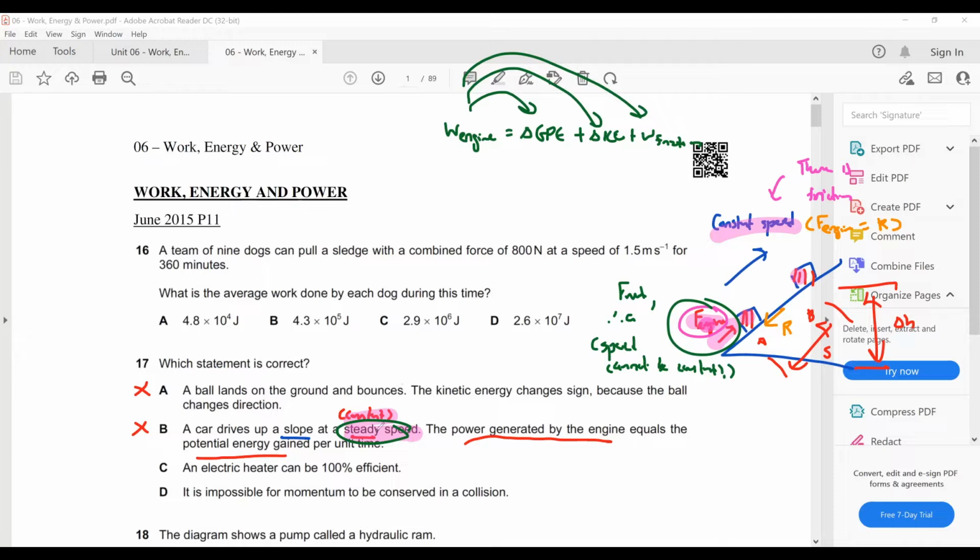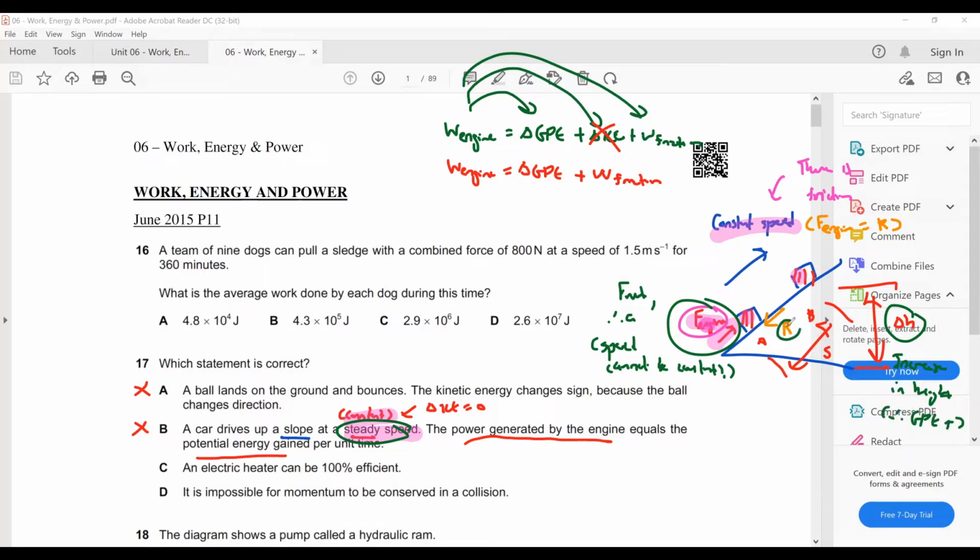But because this is steady speed, constant speed, I already know that change in KE is 0. So this one is out. What I actually have is just work done by the engine is increasing the GPE as well as work done against friction. Why is there increase in GPE? Because there is increase in height, therefore GPE increase.